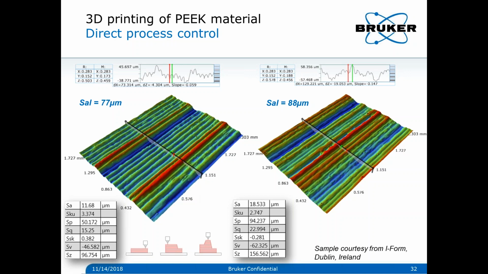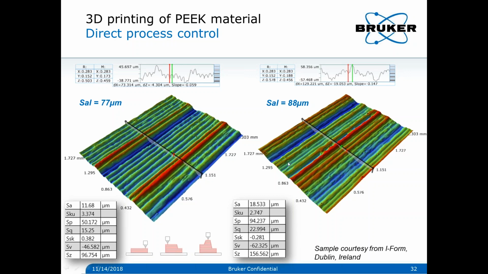And the whole challenge with PEEK is that it's a very challenging material for fine-tuning the printing parameters. You need the proper melting temperature, and you need the proper speed, extrusion and pressure to make it effective.